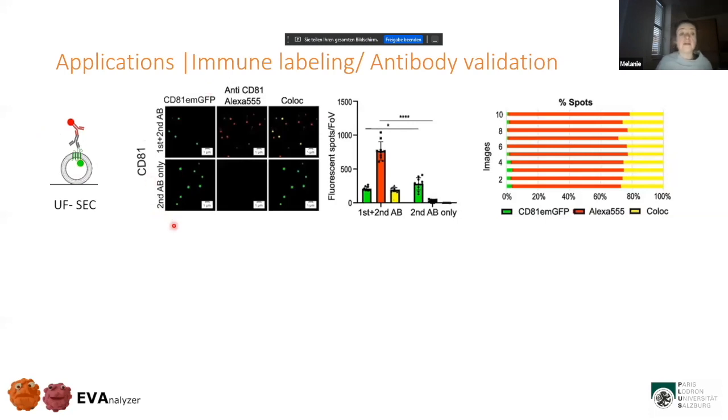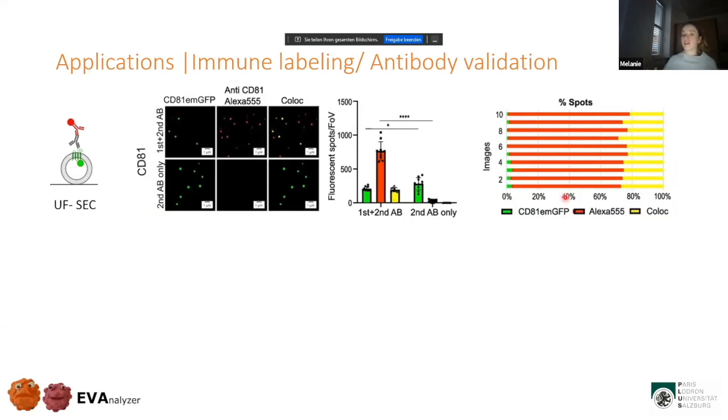What we see here is that we get nearly every green spot colocalizing with our anti-CD81 antibody. So this results in this yellow color, and we only have a really small portion of green-only spots, so they have CD81 but are not recognized by the antibody.